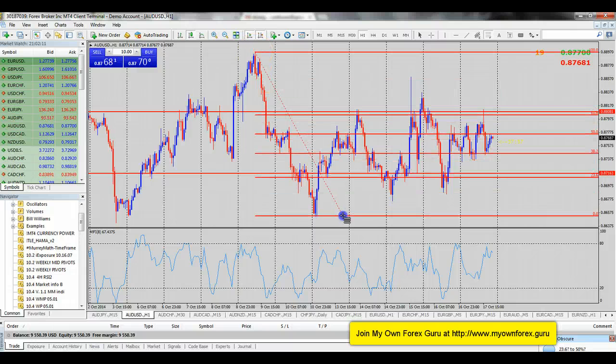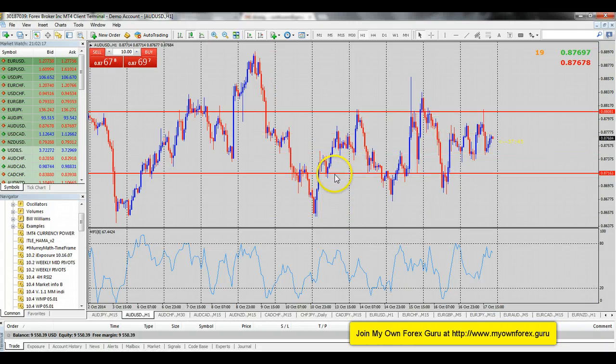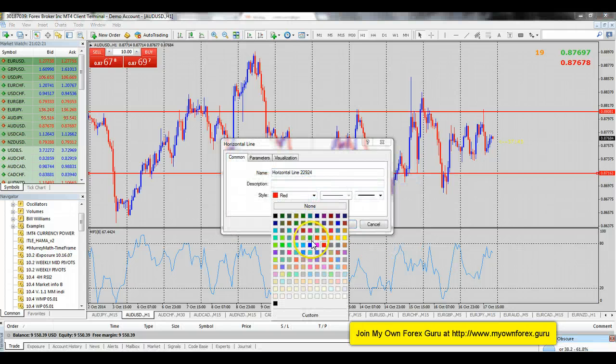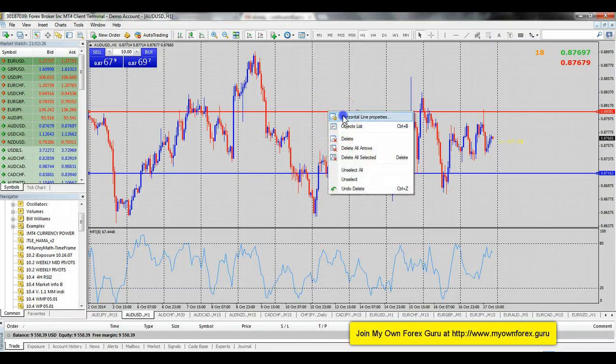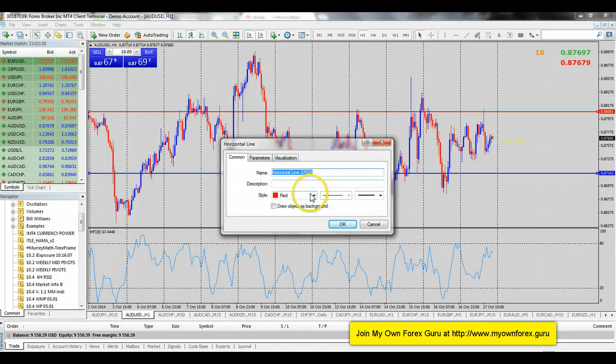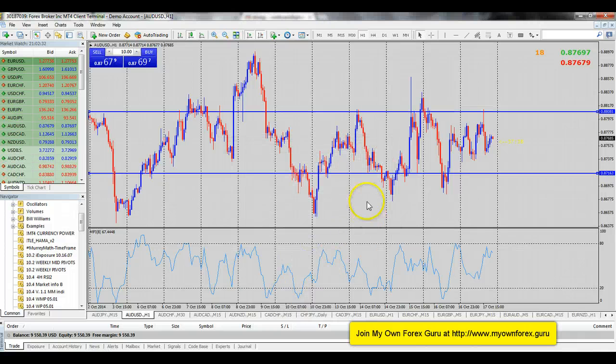Let's see what they match up to. Let me remove this, change the color. I'm just going to show you that that's all support and resistance really is, but Fibonacci shows you areas where things usually happen.